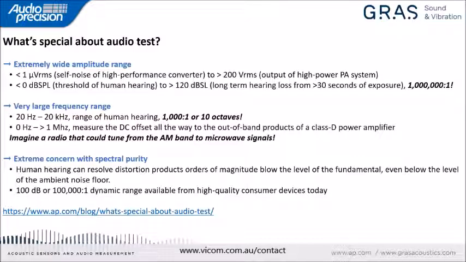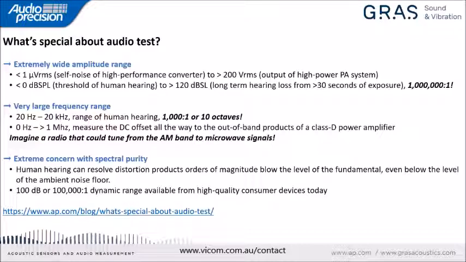And as a practical matter, particularly when we're testing equipment, we want to look at everything from the DC offset in A to D converters or power amplifiers, all the way to the out-of-band noise shaping products in switching amplifiers and converters.